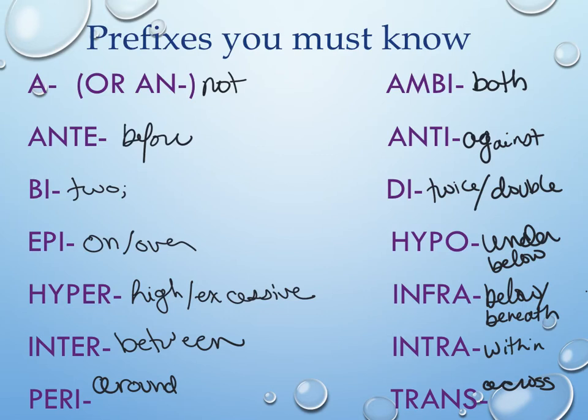Now, the last bunch: epi, infra, intra, trans, inter, and peri. They can be a little bit confusing. Again, you just have to be really careful to mind your vowels. So epi means on or over.